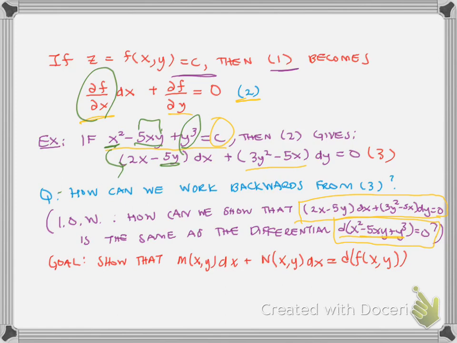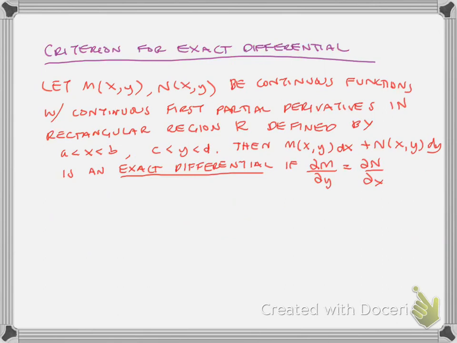The goal will be to show that M of x, y dx, where M is a function of x and y, plus N of x, y dy, that should be dy, equals the derivative of f of x, y. Taking the derivative of a function in two variables is taking the partial derivatives. So that's something to keep in mind.